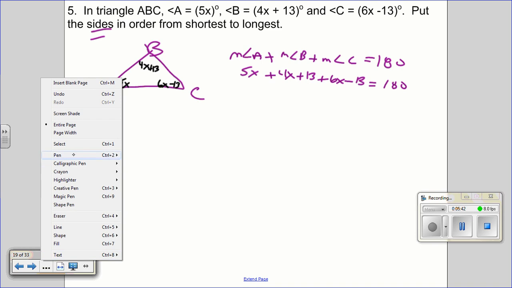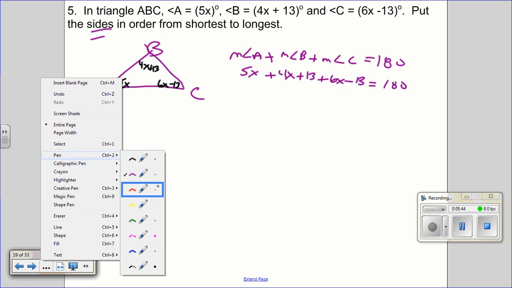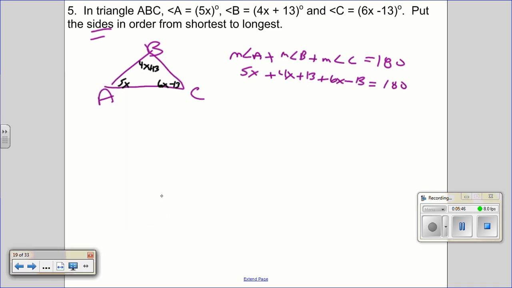So I will help you solve for x. Once you solve for x, you have to substitute it back into each angle so that you know the measurement of each angle and are able to list the sides from shortest to longest.